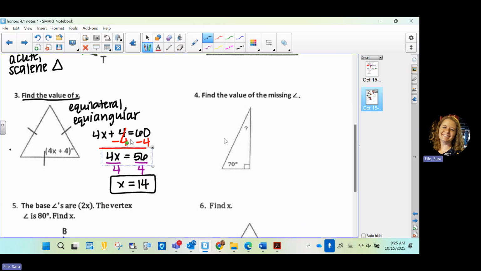All right, find the missing angle. Only one is given as a number, but what do we know? We know markings. Again, this is knowing what markings mean. We knew that these markings meant these were congruent. This marking means that this is 90. Now, if I have a right triangle, what do the 2 acute angles have to add to?